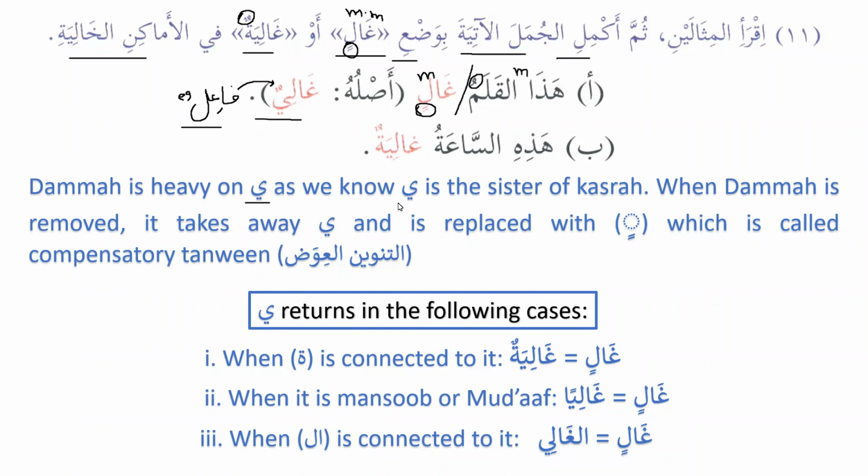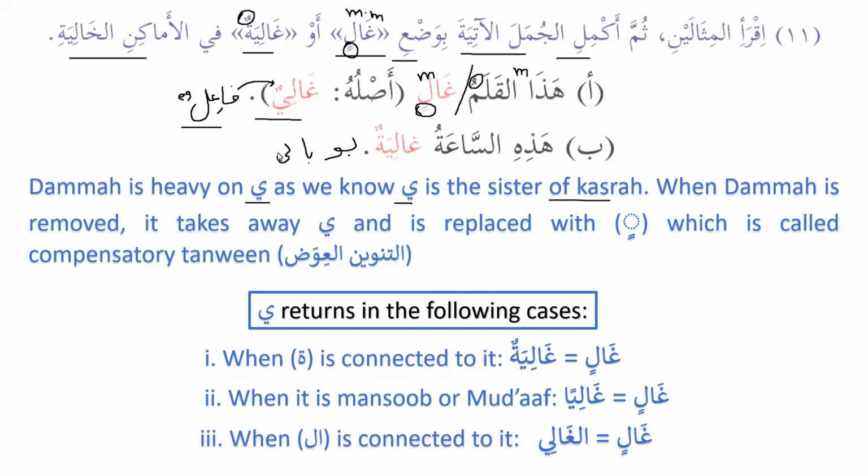Why? Because we know that ya is the sister of kasra. In Arabic, kasra is considered as the sister of ya. Similarly, fatha is considered as the sister of alif, and dhamma is considered as the sister of waw. As we know that we have like bu, and then we have ba, and then we have bi.